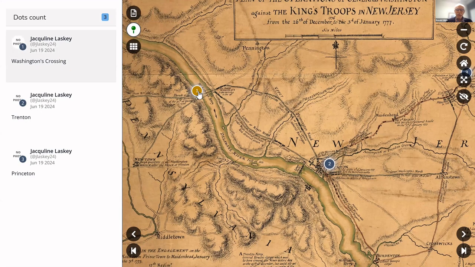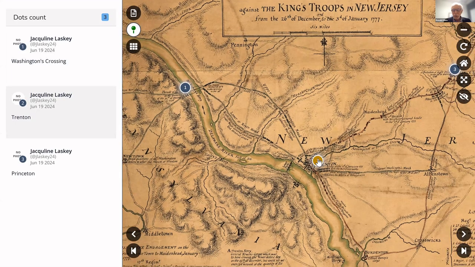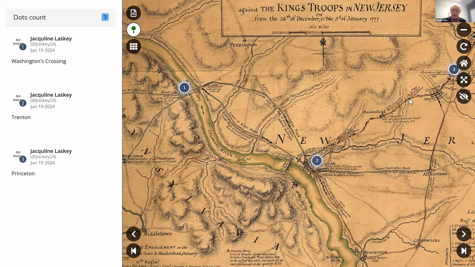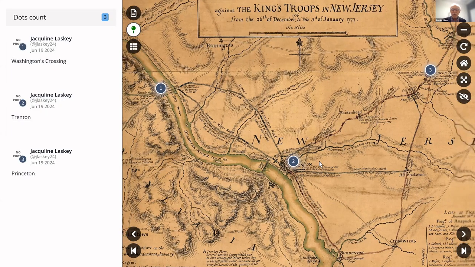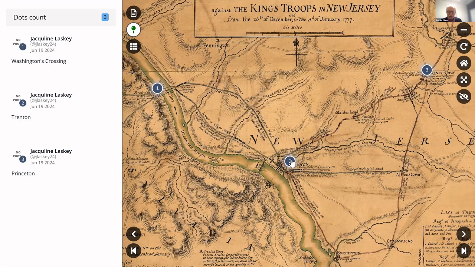Because his intelligence has informed him that at dot number 2, 8 miles away, there is an isolated force of about 1,400 German mercenaries allied with the British. These are the Hessians. So Washington crosses the Delaware, marches to Trenton, and at dot number 2 has a very quick and very lopsided victory with nearly all of the 1,400 Hessians either killed or captured.